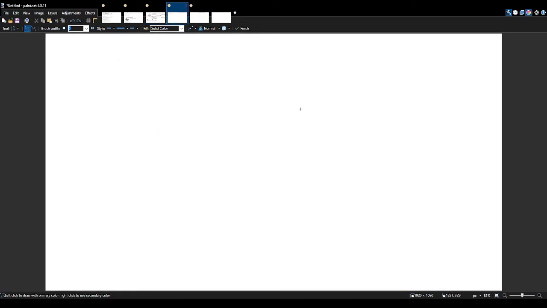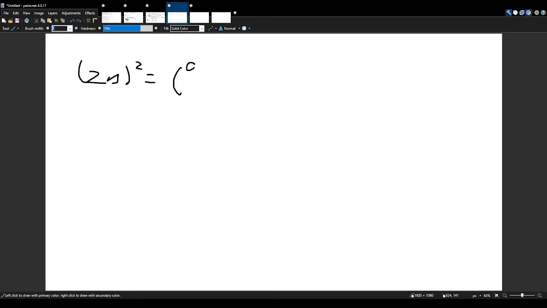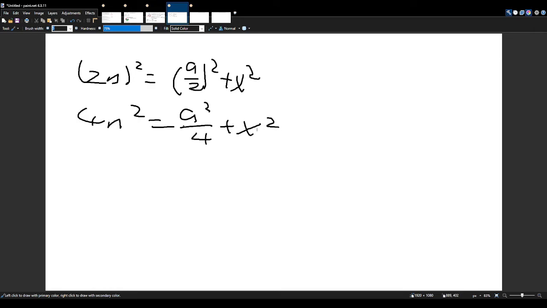So 2n squared equals, and then one of the sides is a over 2 squared plus x squared. We're going to call the slanted height x squared. I don't know why I put this in parentheses. Oh yeah, okay. So this is 4n squared equals a squared over 4 plus x squared.